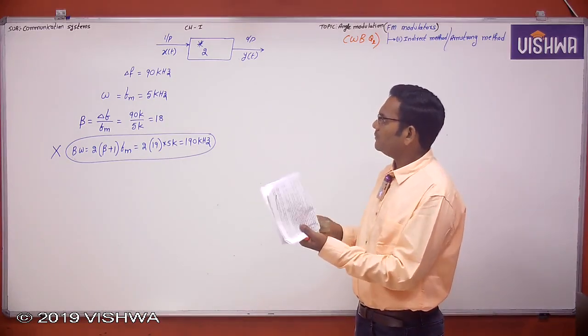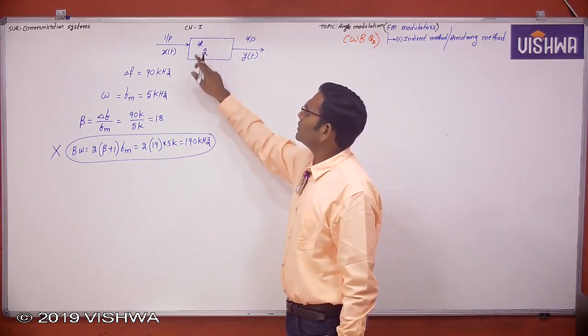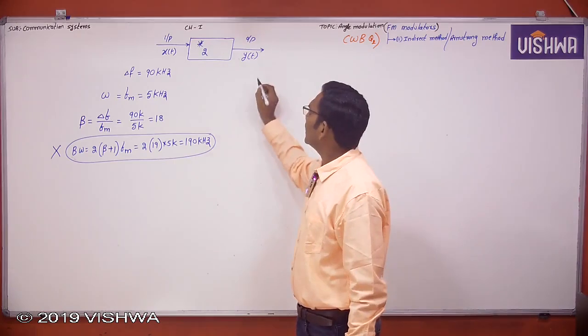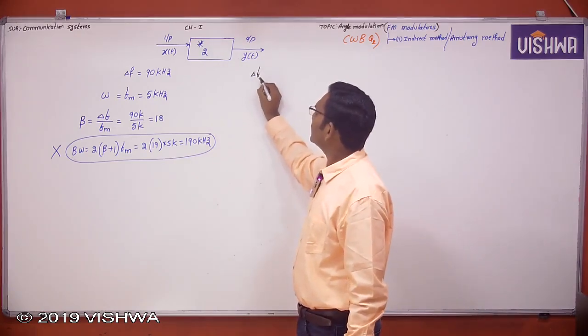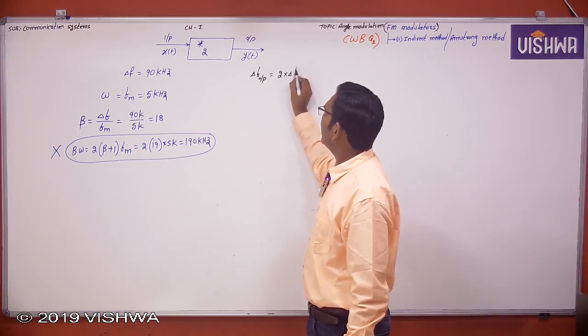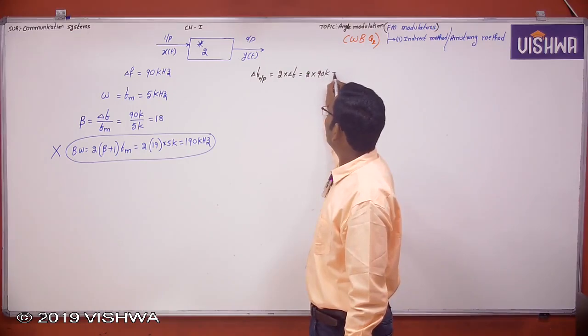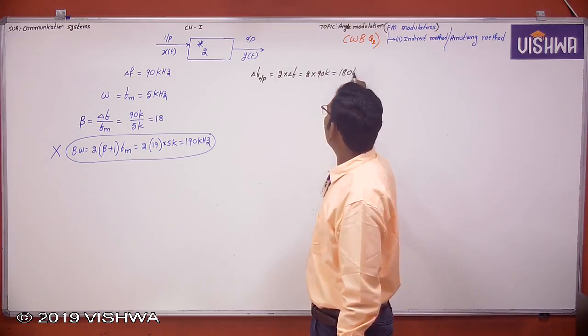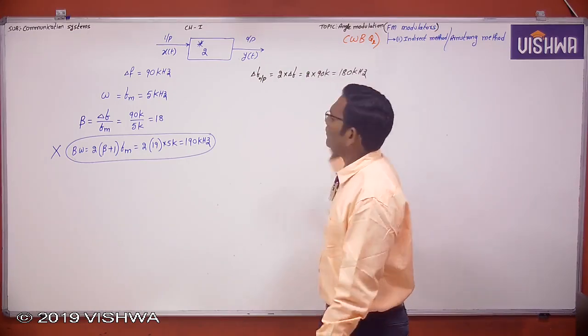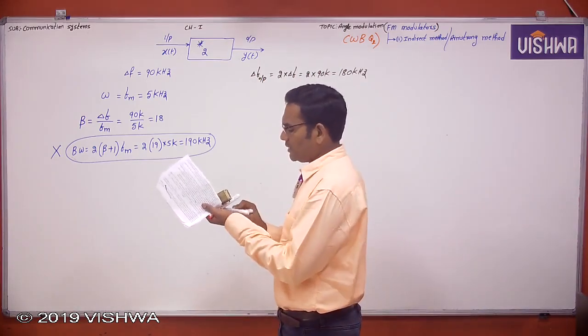Now see here. This is the multiplier, the multiplication factor is 2 times. Therefore, the frequency deviation at the output side also changes by 2 times. 2 into delta f, which is 2 into 90 kilo, is equal to 180 kilohertz, the frequency deviation at the output side. And the message signal frequency?